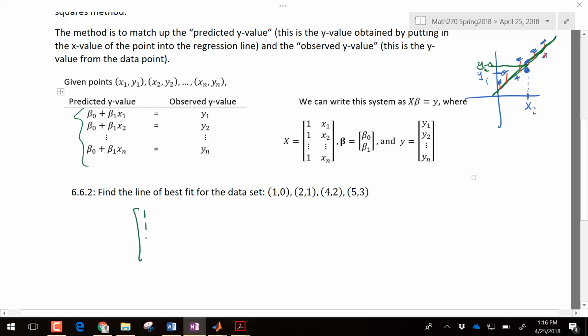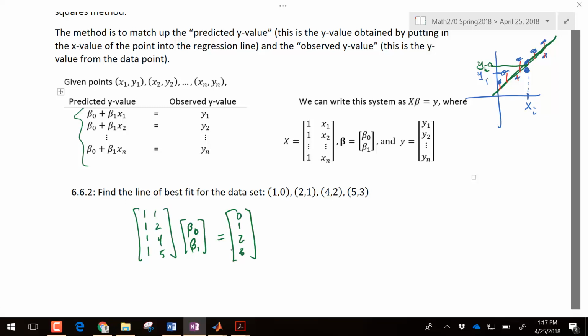So we have 1, 2, 3, 4. There's 4 of them. We have the X values in here: 1, 2, 4, 5. We have our beta sub 0 and beta sub 1. And this should equal the outputs 0, 1, 2, 3. Okay. So this is what we're solving for.